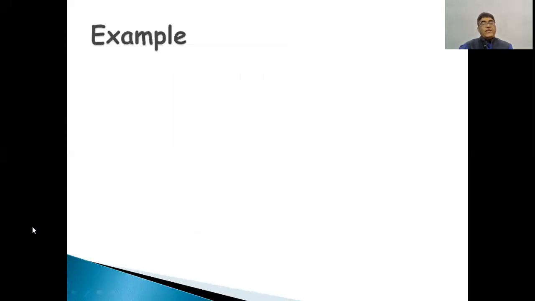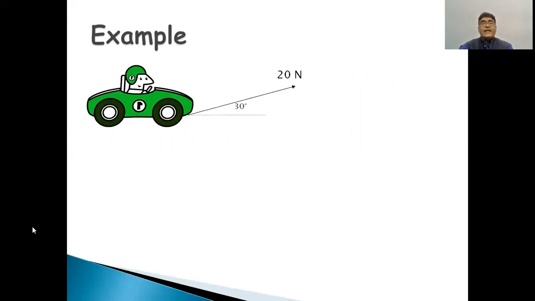Okay, if we take a practical example, if we have to move a vehicle, this vehicle is a toy, not an actual vehicle.